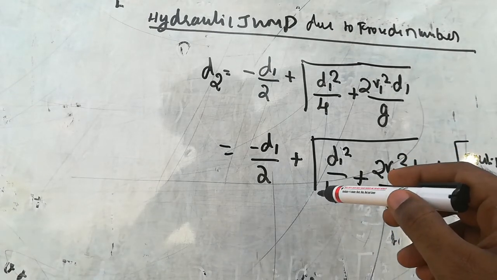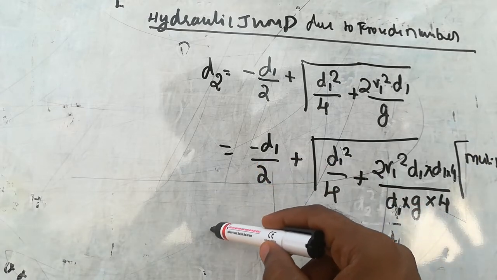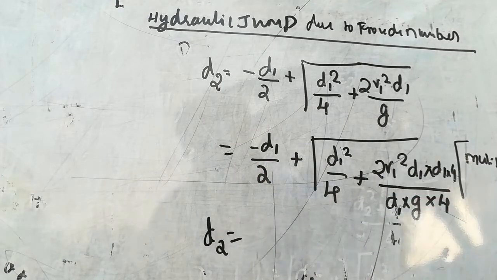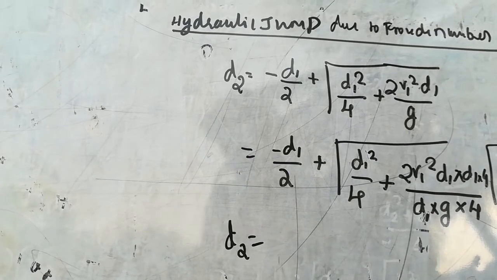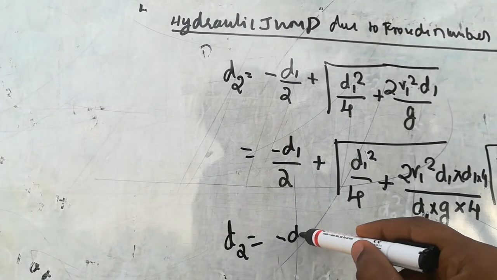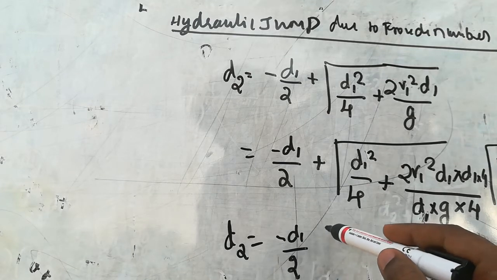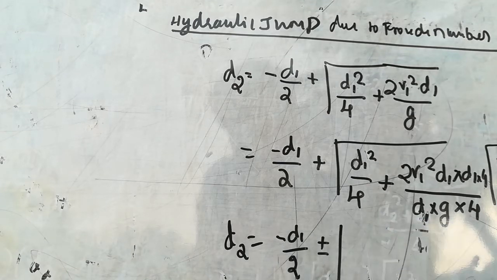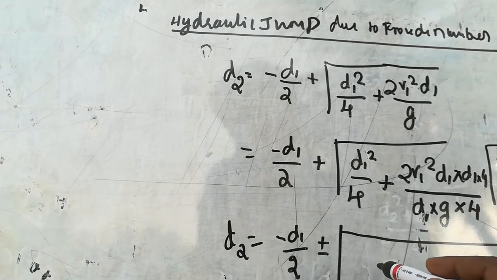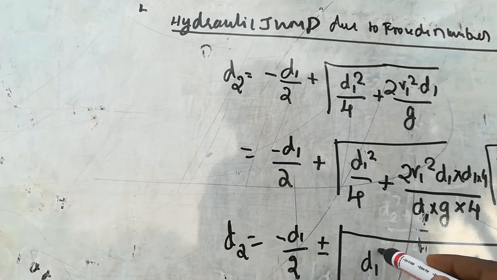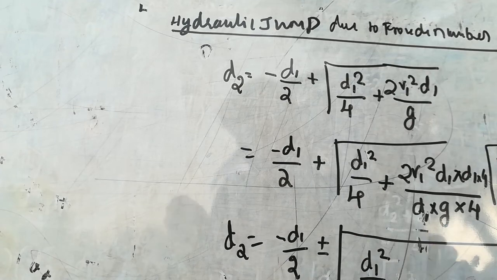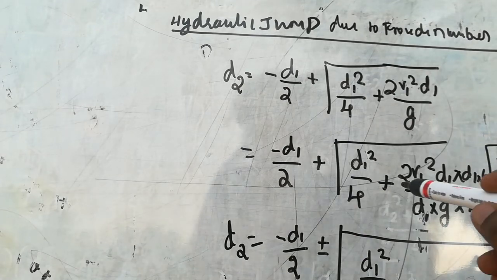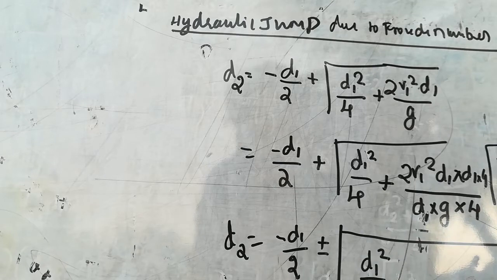So how can you write this one, d2 is equal to minus d1 by 2 plus or minus root of d1 square by 4. Because d1 square is on both sides, I bring it outside as common d1 square by 4.